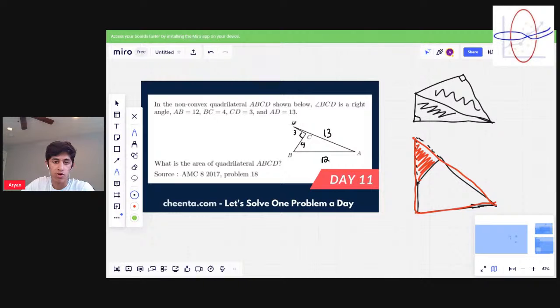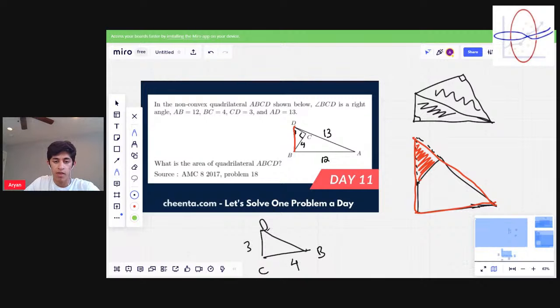However, if we were to draw in DB, say with a red line, this might look more approachable because we know BCD is a right angle, so we've just created a right triangle, and right triangles are our best friend in geometry. If we look at BCD and expand this, you have D, B, C. You know that this is 3 and this is 4.